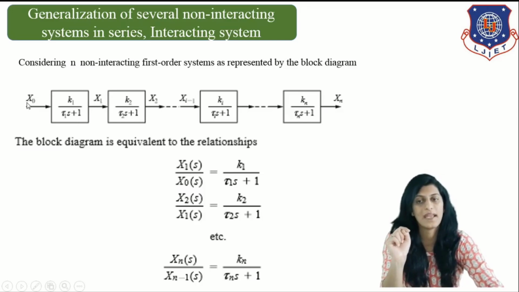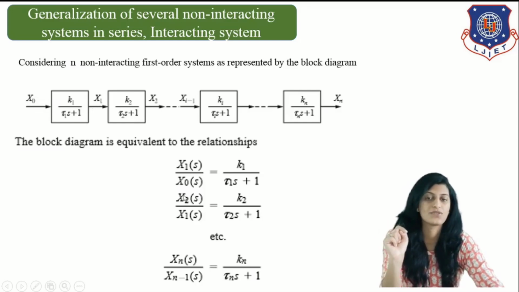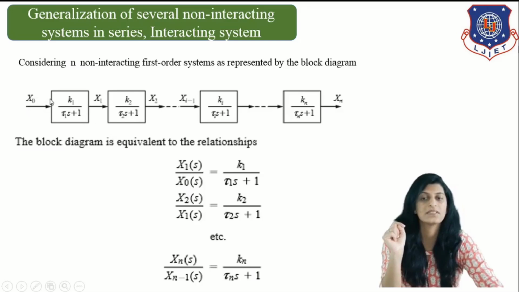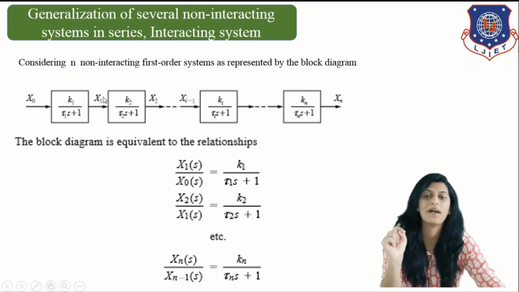So x1 by x0 equals k1 upon tau 1 s plus 1. Here you can see the formula, x1(s) upon x0(s), that is output by input, equals whatever is written inside the block, which is k1 upon tau 1 s plus 1. So this is the transfer function. In the same way, for block number 2, we can write x2(s) by x1(s) equals k2 upon tau 2 s plus 1 and so on.